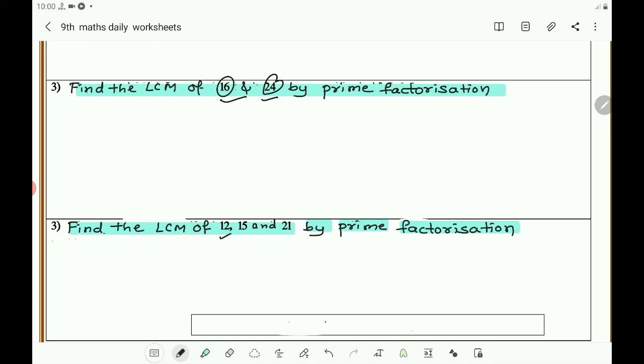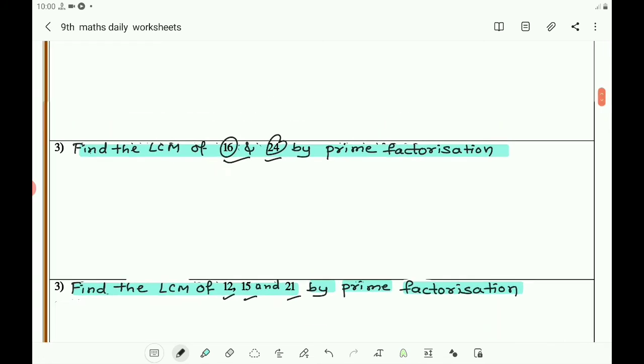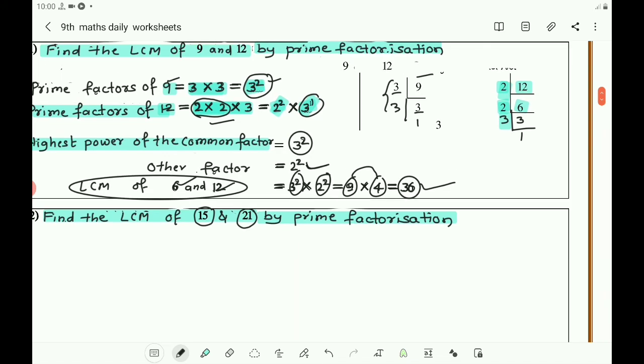You know that it becomes 2 into 2 into 3. This is 3 into 5. This is 3 into 7. Out of that, get the common factor and the highest power, and together with that take the factors which are not common. Here the common factor is 3, and the remaining factors are only in the 12. So you have to take that.